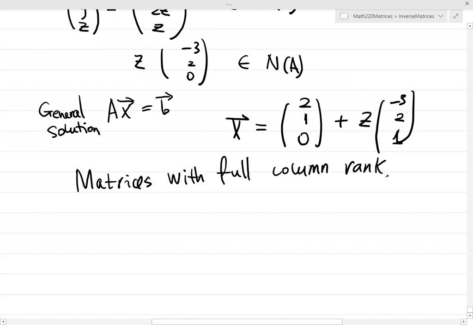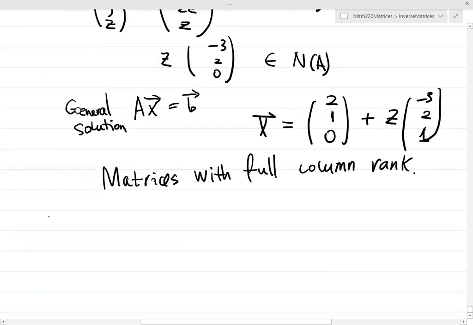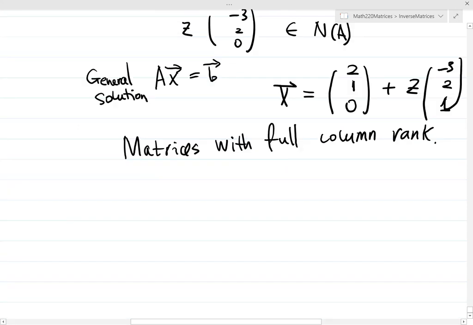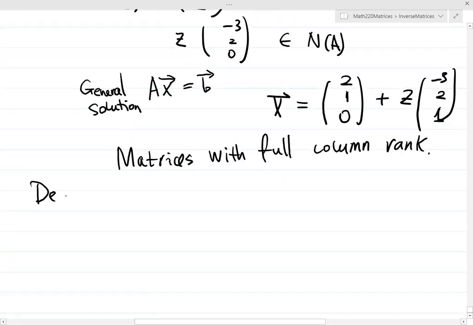Okay, we start with a definition. A matrix A has full column rank.